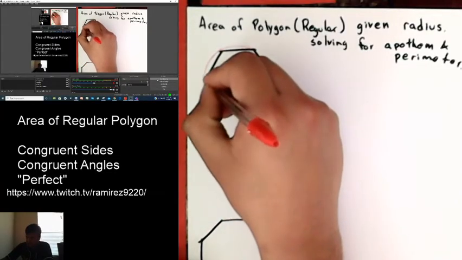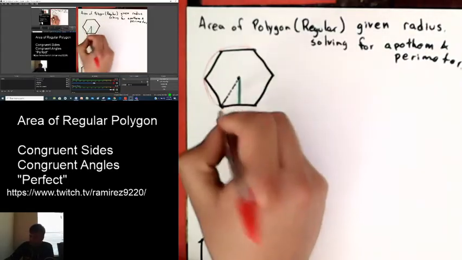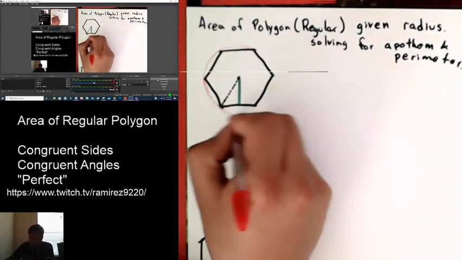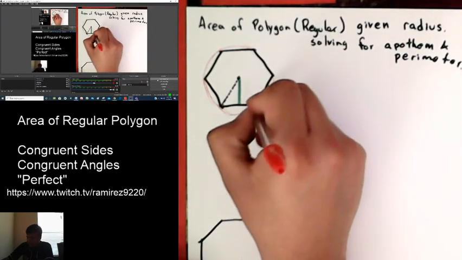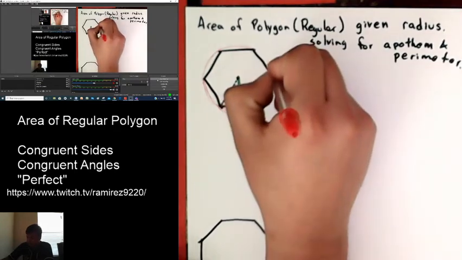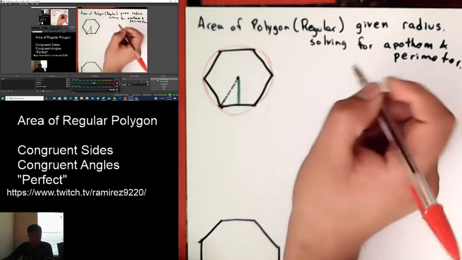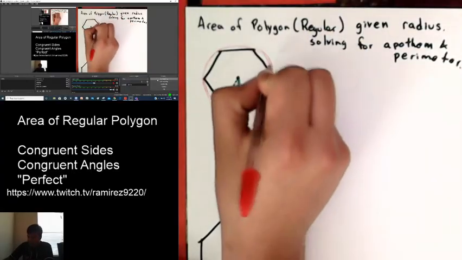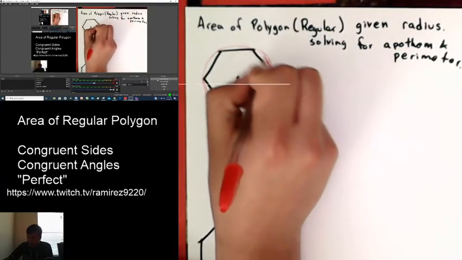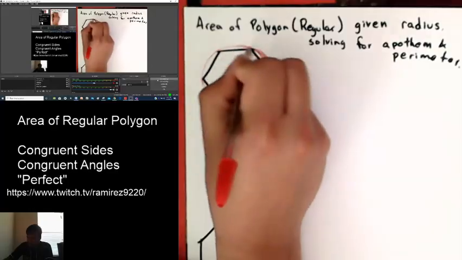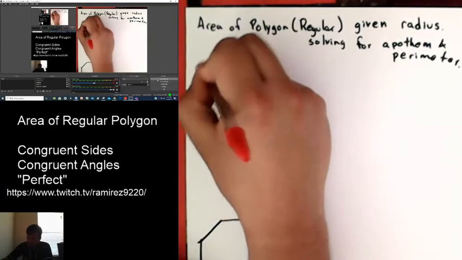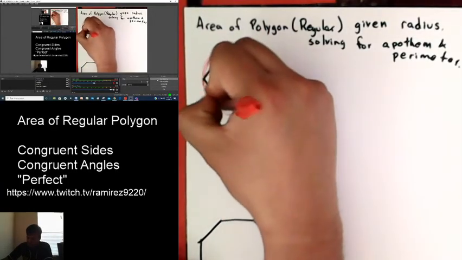Again, I'm going to do my best to draw such a circle. I don't have a compass on me, but here we have our circle. It's not perfect, but I hope that you can imagine it.